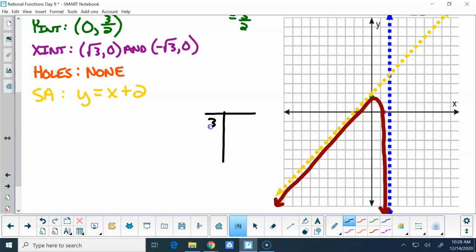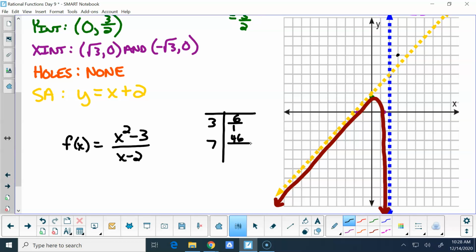So like 3. Three squared is 9. 9 minus 3 is 6. 3 minus 2 is 1. So we have 6 over 1. 6. Then 7. 49 minus 3 is 46. 46 divided by, oops, I don't know why I did 7.